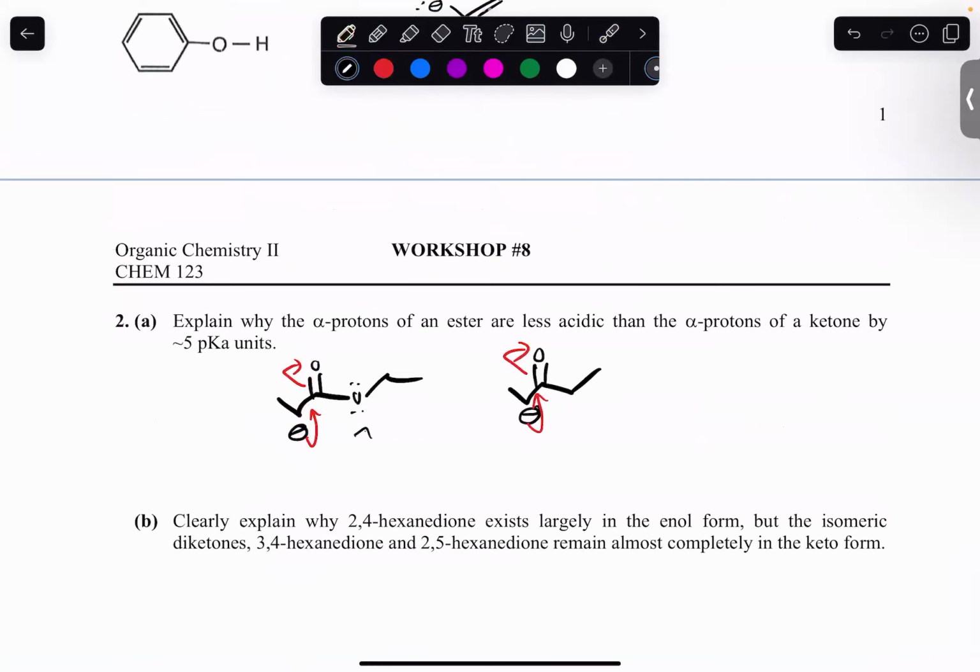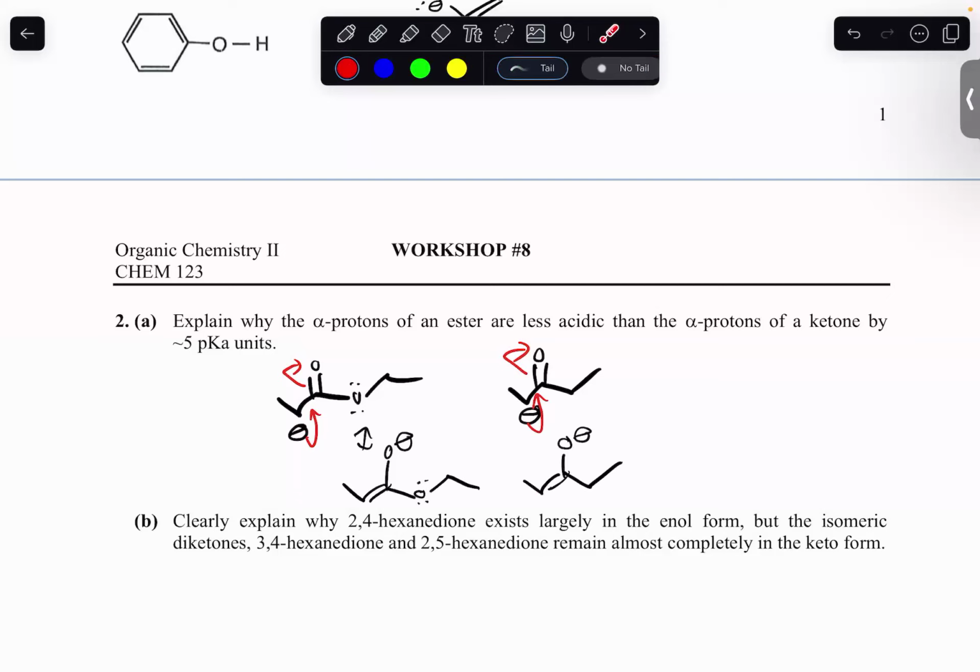Both oxygens will have negative charges. These are the resonance structures here, but you notice how there is an oxygen next to the carbonyl of the ester here? That oxygen right there.